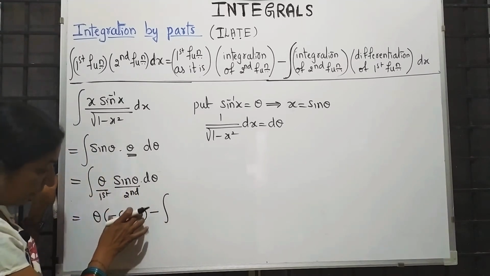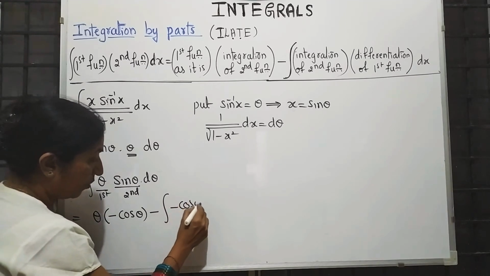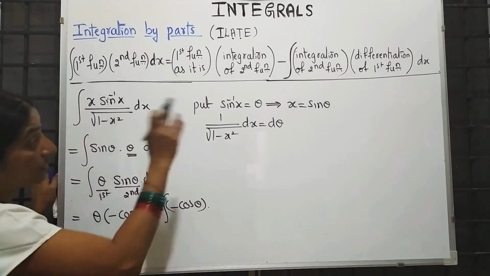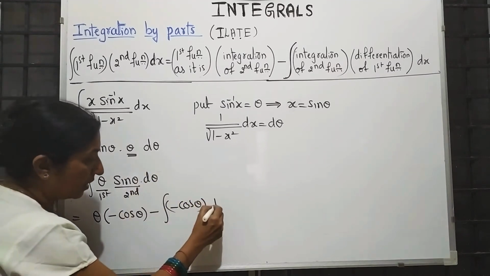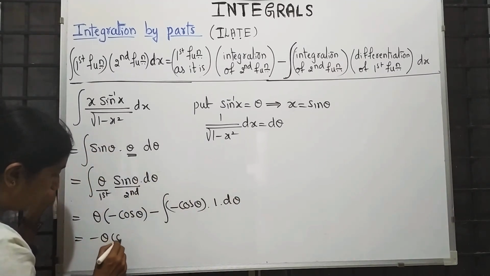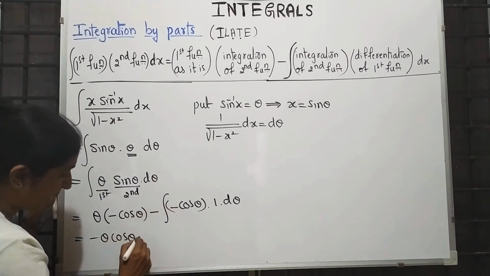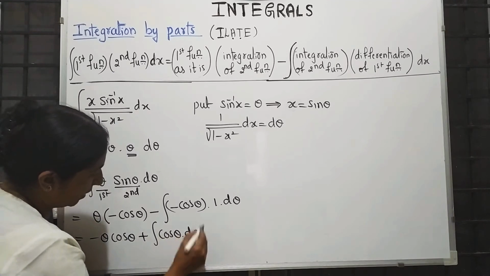Already I told you, whatever function you are writing, just simply write that. It is minus cos theta, into the differentiation of the first function. Differentiation of theta with respect to theta is 1. It is minus theta cos theta, minus into minus is plus, cos theta into d theta.